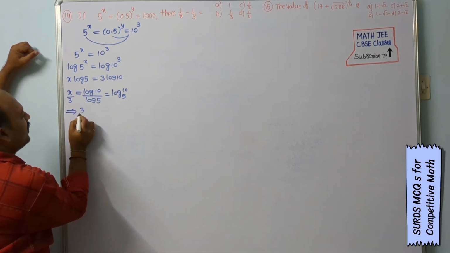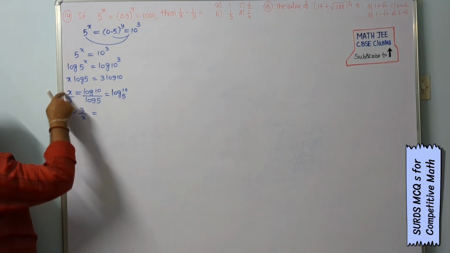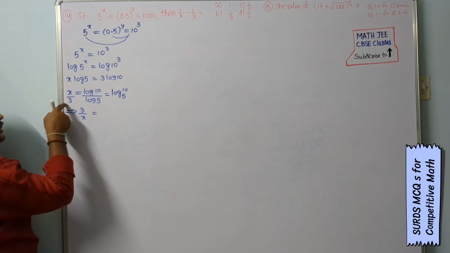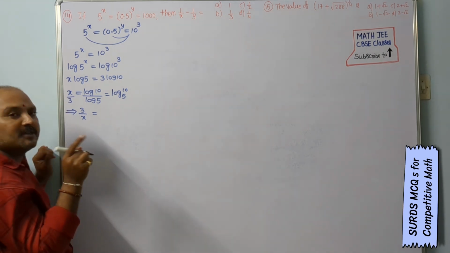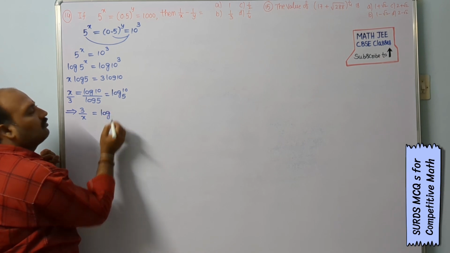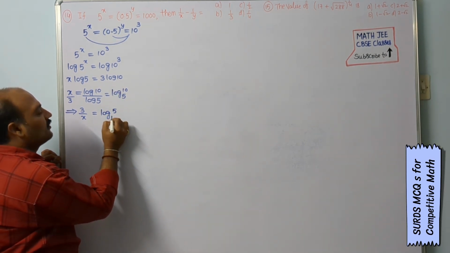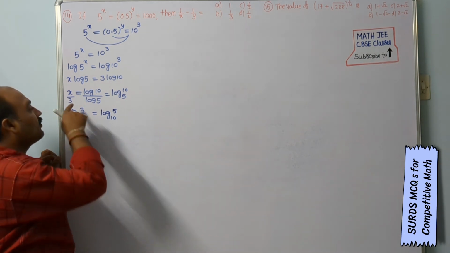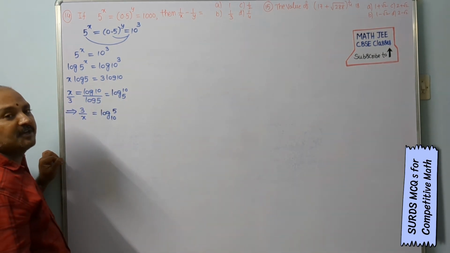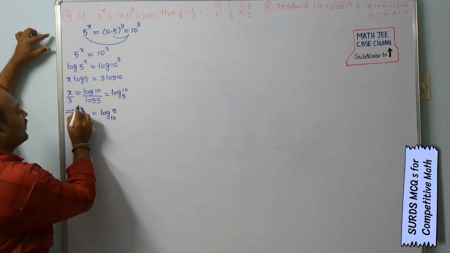So reciprocal: x by 3 reciprocal is 3 by x. Whenever you write the reciprocal, log 10 to the base 5 will become log 5 to the base 10. Whenever we do the reciprocal of this, the base and the number also will be changed. So this is about 3 by x.